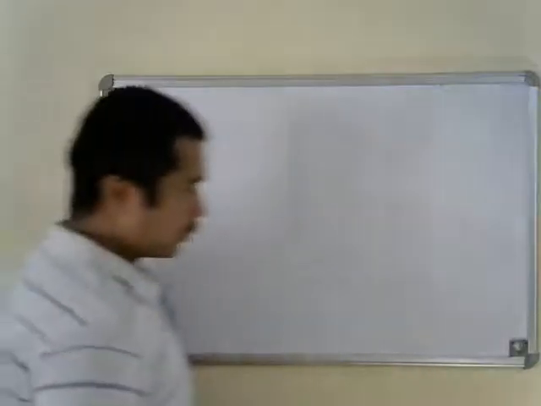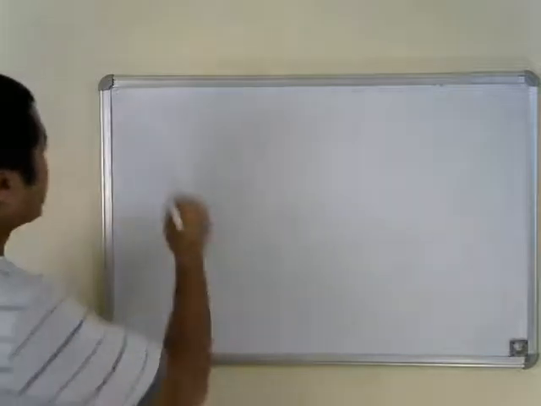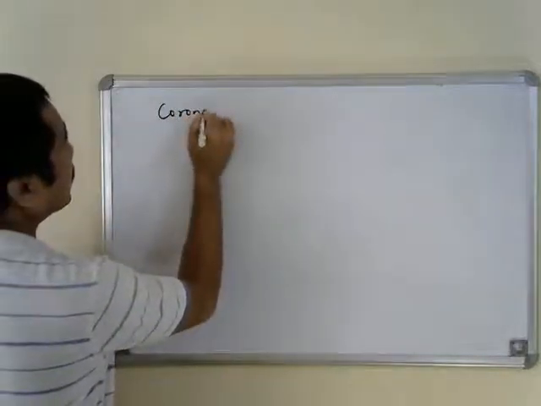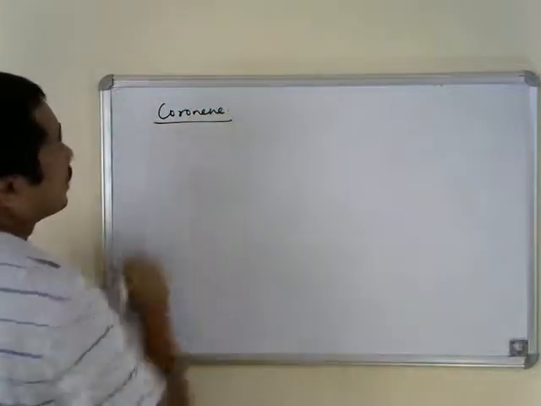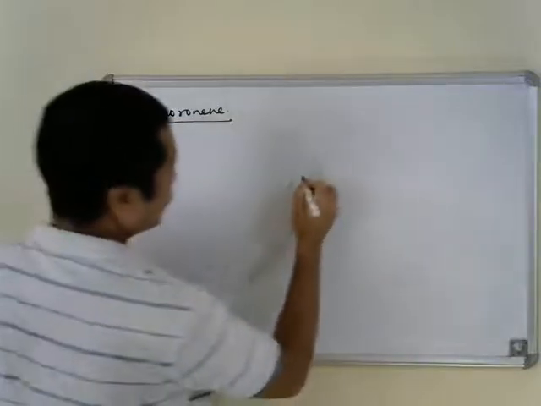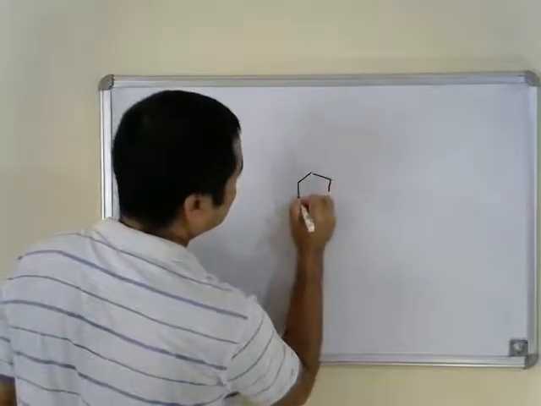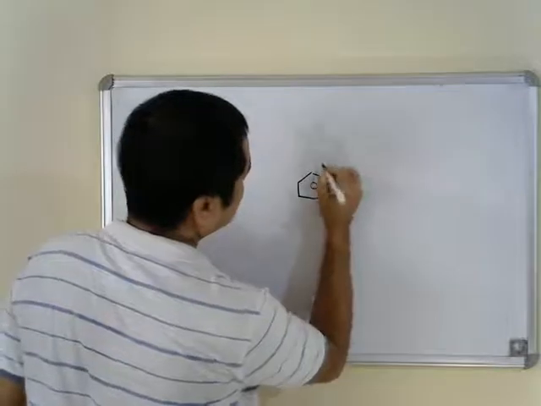Let us now choose a molecule whose name is very interesting. Its name is Coronene, and if you look at the structure of this molecule, that is even more interesting.